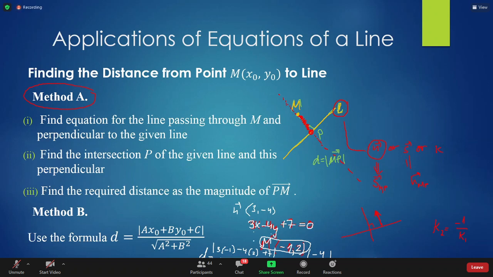So, Miss, the point P, is it the midpoint of the line? Line has no middle. Line is endless in both directions. No, the point P is simply the foot of the perpendicular, the base of the perpendicular, that's all. It's not in the middle of anything.